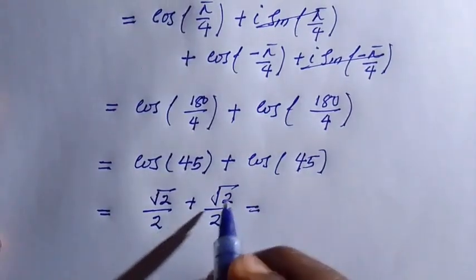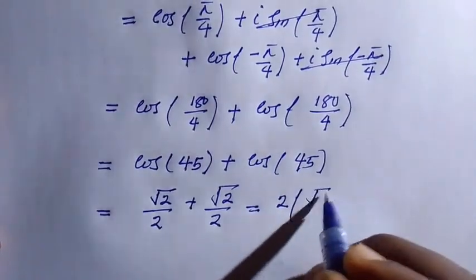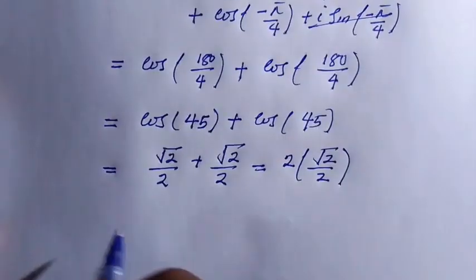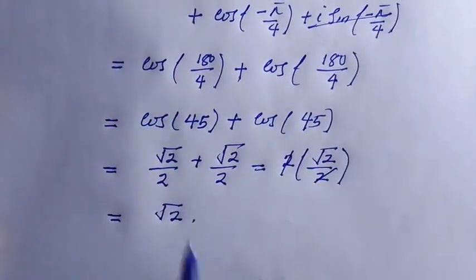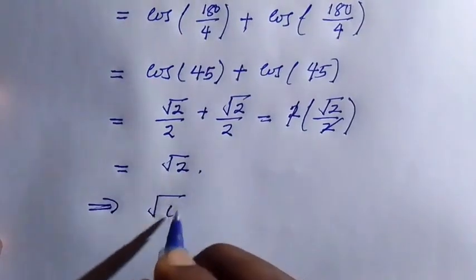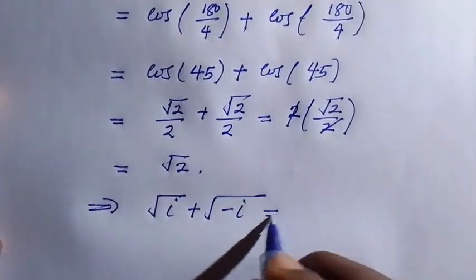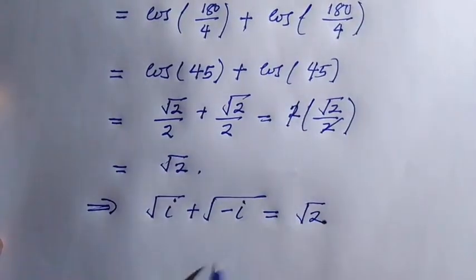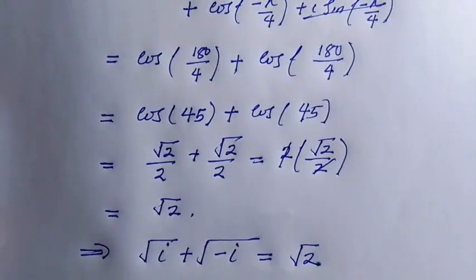Root 2 divided by 2 plus root 2 divided by 2 gives us 2 open bracket root 2 divided by 2. By cancelling this, we get root 2. So for every square root of i plus square root of minus i, the result is root 2. We consider this as the first method, and let's stay tuned for the second method.